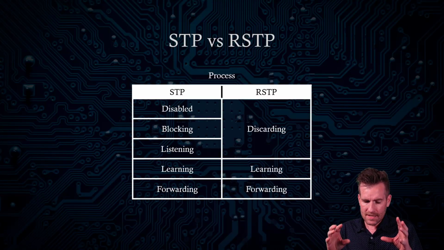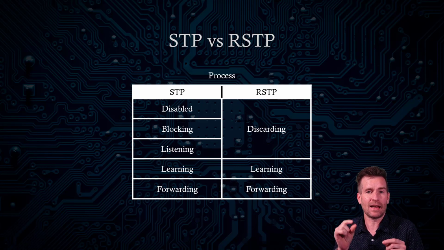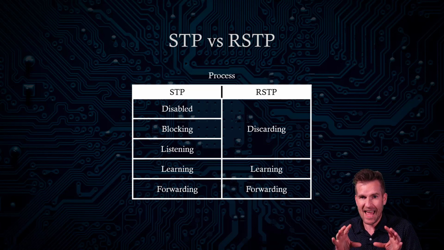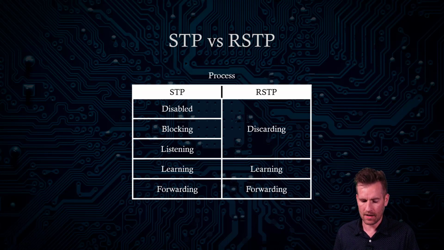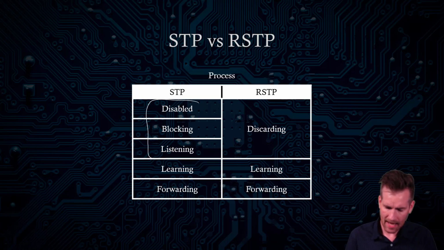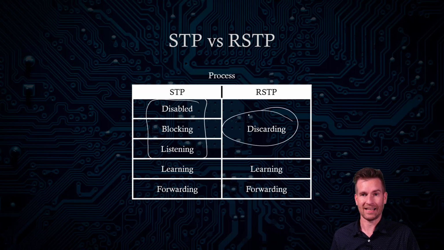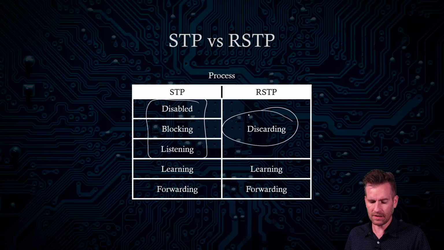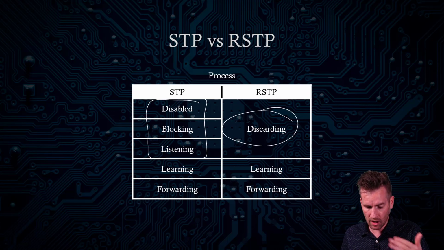One of the improvements that rapid spanning tree protocol made was to lessen the time that a port remained in that area where it wasn't really doing much. So it combined the disabled, blocking, and listening states all into one, discarding. It very much simplified that into discarding, where it still received bridge protocol data units.